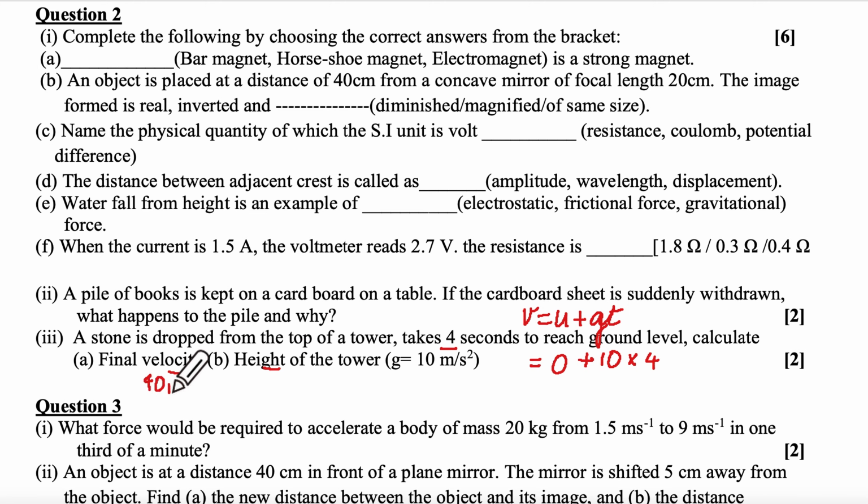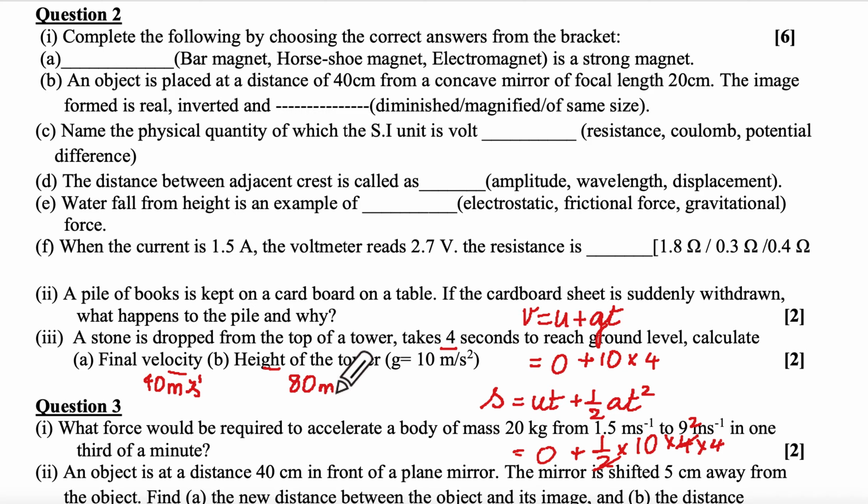Are you also getting 40 meter per second? Yes, ma'am. Final velocity. And the height of the tower, S is equal to UT plus half AT square. So we will have 0 plus half into 10 into 4 into 4. How much is that? 10 into 8, which is 80. They repeated the values.